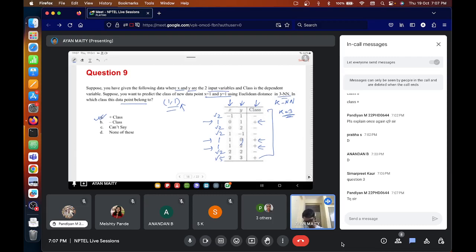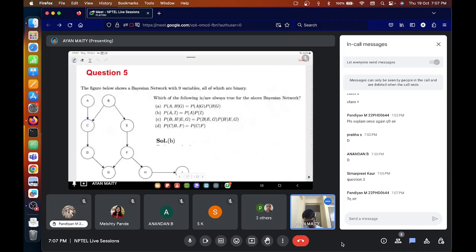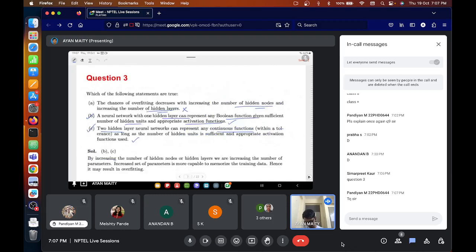Simarpreet asks about question 3. B and C are the 2 correct answers, because the first option says that the chance of overfitting will decrease with the increase in the number of hidden nodes and hidden layers.